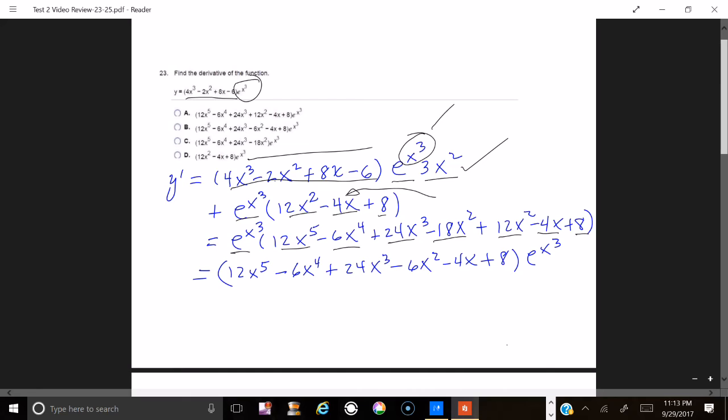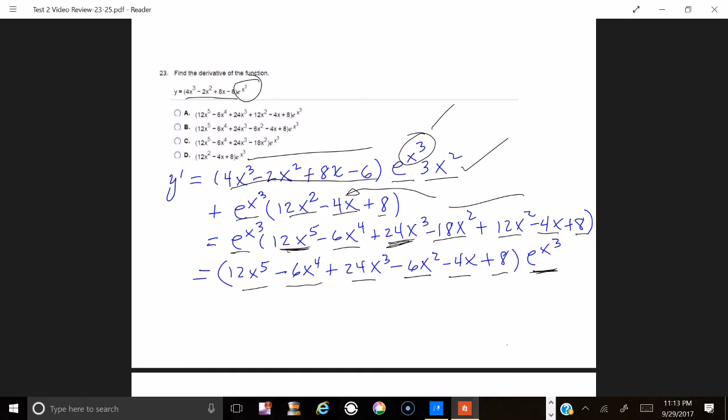And now, to simplify, we'll let the e to the x cubed be at the end here, and we'll put the polynomial at the beginning. We still have just 12x to the fifth minus 6x to the fourth minus 24x cubed, and then combine the x squared terms and we get minus 6x squared minus 4x plus 8. So the answer is B.